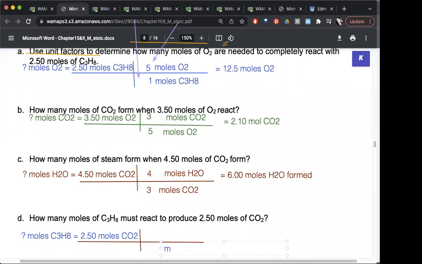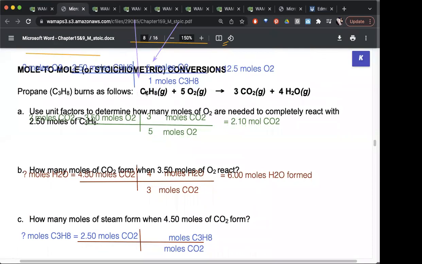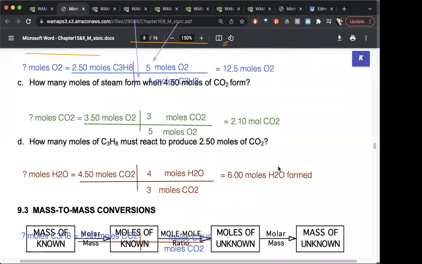All right, canceling out moles of CO2 and going to moles of propane, C3H8. And now I'm going to scroll up to take a look. And that was 1 propane for 3 CO2.